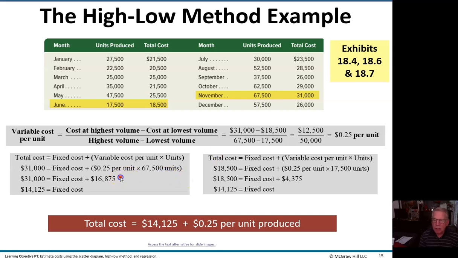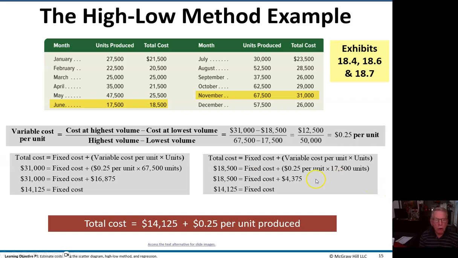And that gives me $16,875. Now I can subtract $16,875 from $31,000 to get $14,125 of fixed costs.